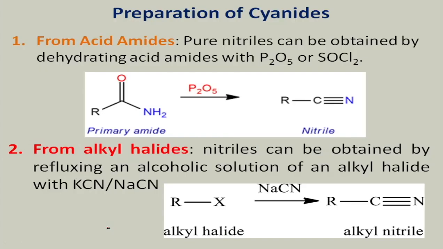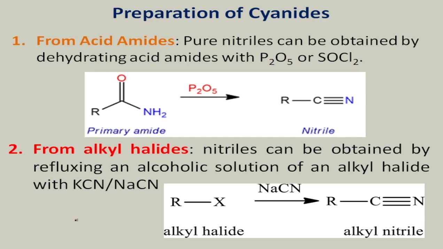Preparation of cyanide, number 1: from acid amide. Pure nitriles can be obtained by dehydrating an acid amide with P2O5 or thionyl chloride.